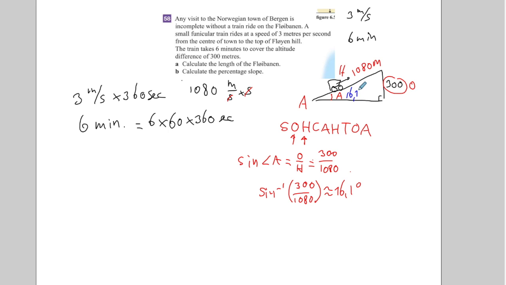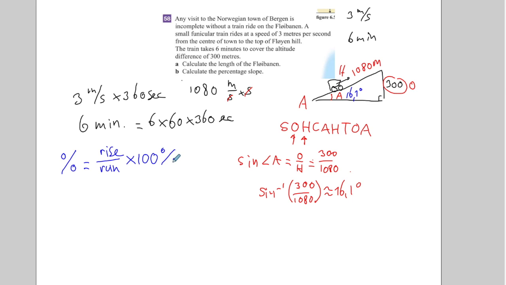But it doesn't give me the percentage. I'm able to calculate the percentage because for the percentage I need to have two lengths, because the percentage is defined as the rise divided by the run times 100%.